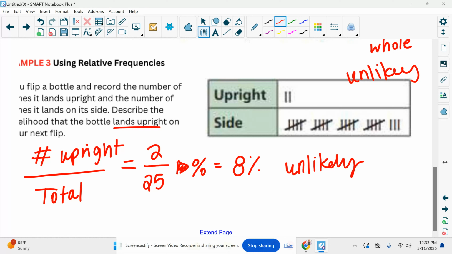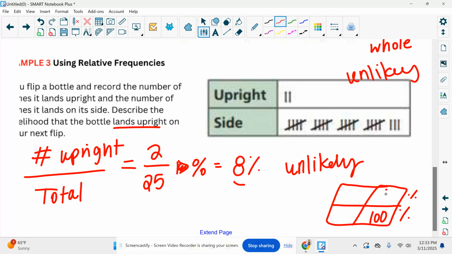What about in 75 flips? How many will land upright? How could I figure that out? So you're essentially setting up a proportion, okay? Or you're setting up a percent box, because we're dealing with a percent, and anytime we answer percent questions, we can use a percent box where 100 is always in here.